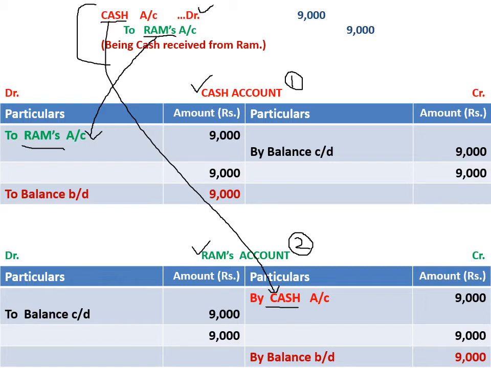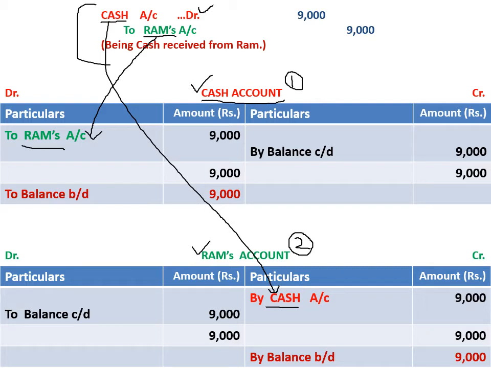Now we will balance these ledgers. There is a system of balancing the ledgers. In the cash account, there is a transaction of rupees 9,000 only on the debit side. There is nothing on the credit side.